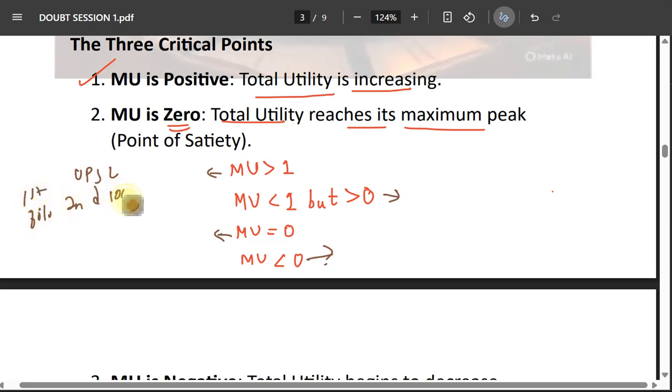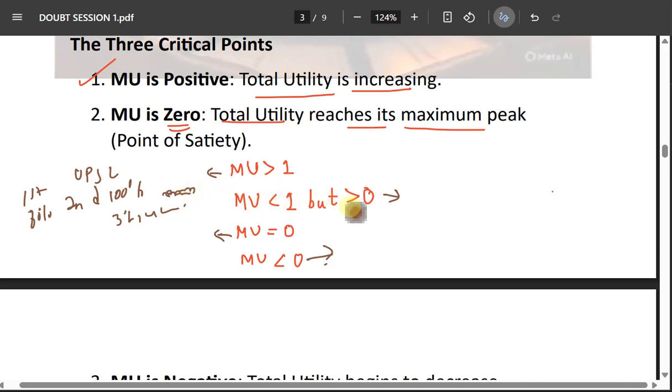The second, 100%, because it completes all your things. Then you find the third, fourth, and fifth books, and you feel the things are very nice here, the improvement is seen. This kind of thing makes marginal utility more than 1.